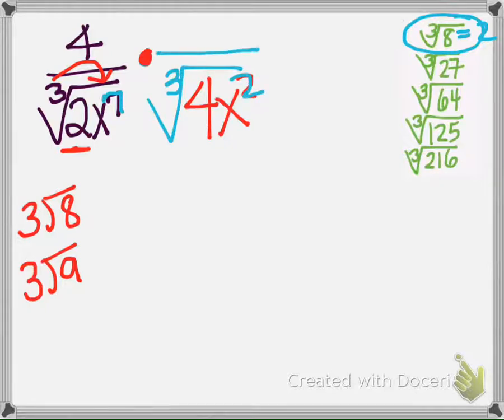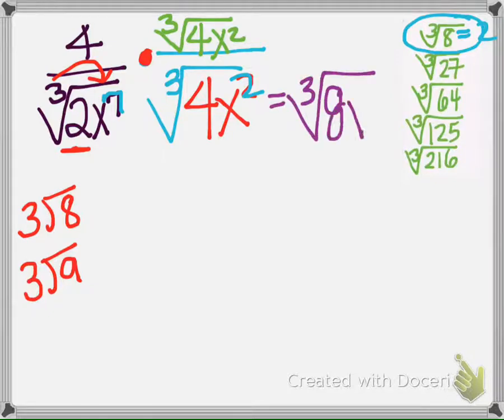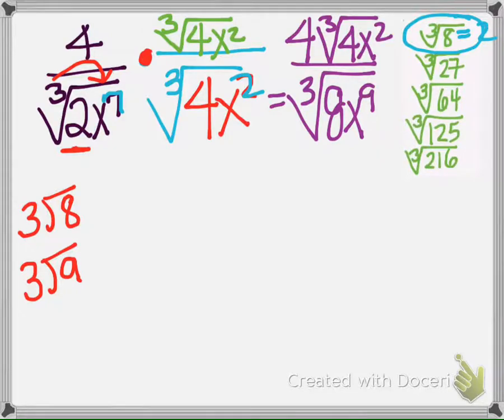And whatever we multiply the denominator by, we have to multiply to the numerator. So we would get the cube root of 8x to the 9th power. And then we would have this in the numerator. And now we are going to simplify. The cube root of 8 is 2, and 3 goes into 9 3 times.